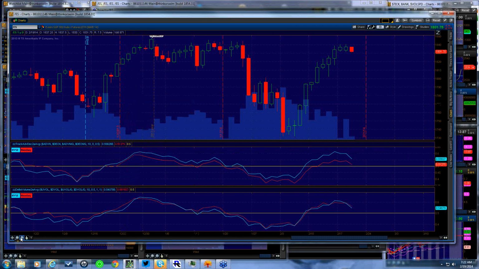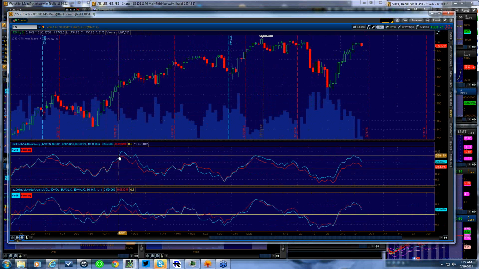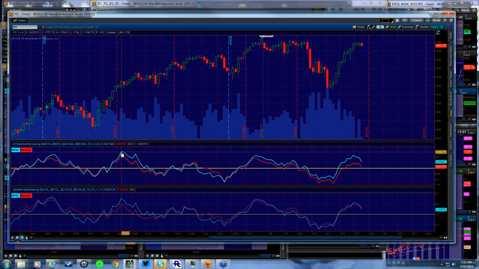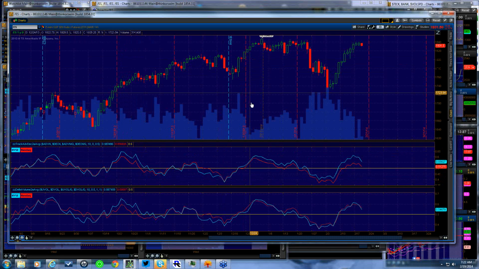So let's go back just a little bit in time. But the actual high occurred back on December 22nd. So we've been having a non-confirmation since this time, where market breadth was declining while price was still rising.